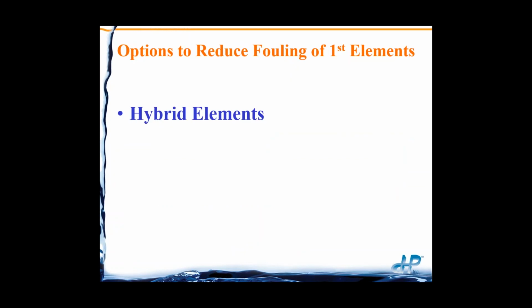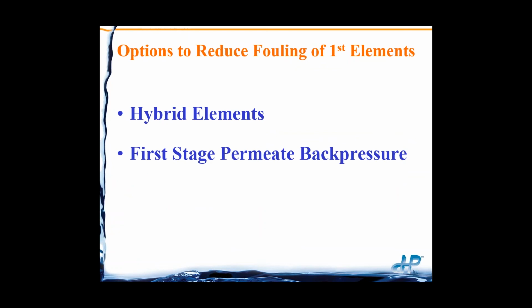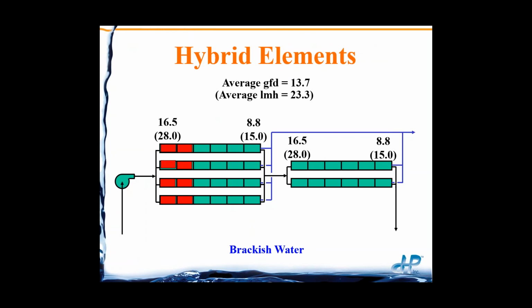Well, there are 3 things that we commonly do today to reduce the first element fouling rate, reduce the water flux rate of the first element. 3 ways: hybrid elements, first stage permeate back pressure, and interstage booster pump.